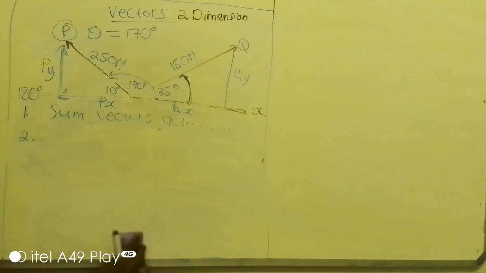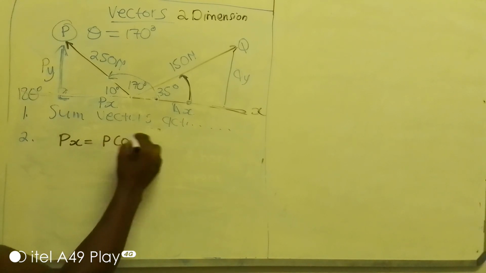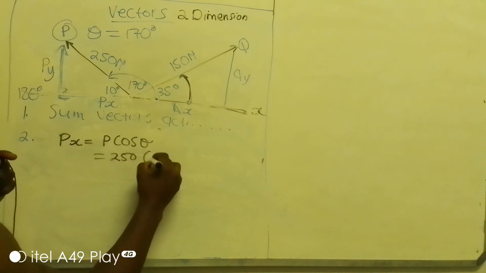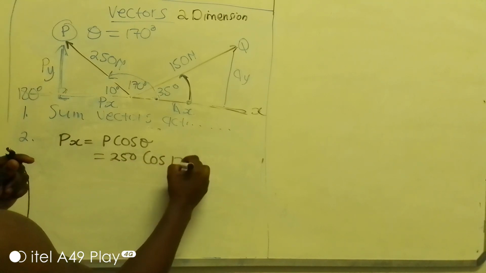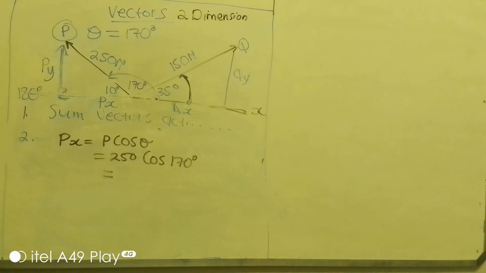Now let's find the horizontal and the vertical components. So Px is equal to P cos theta, where P is 250, so 250 cos of 170. Remember, not 10, 170. So what do we get for Px? Let's use our calculator.